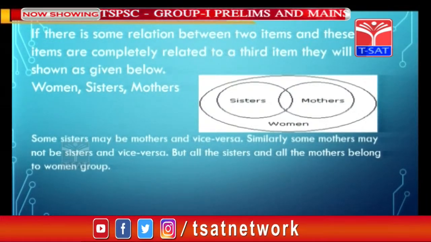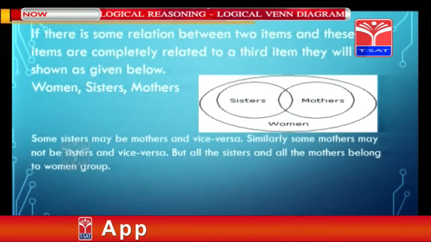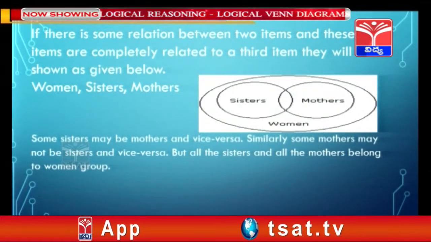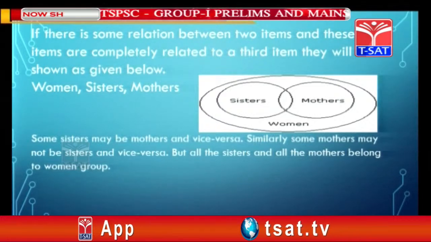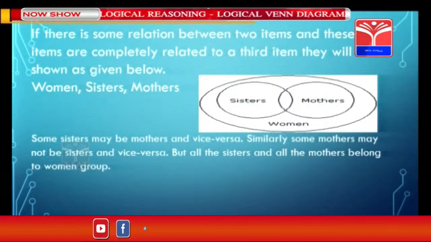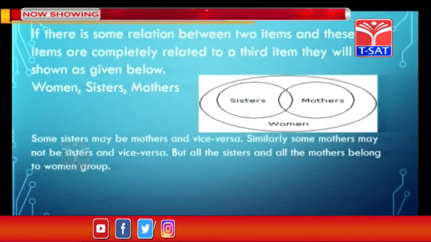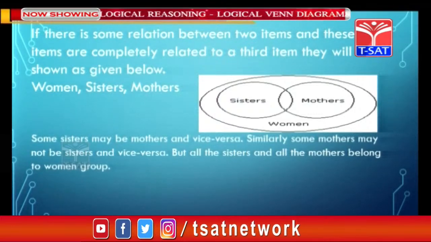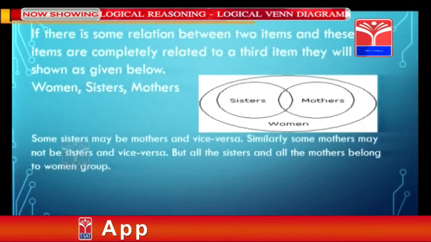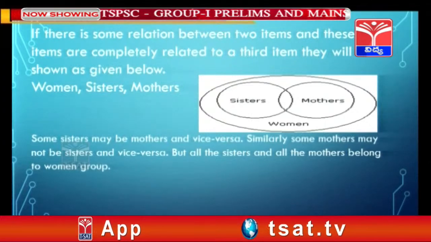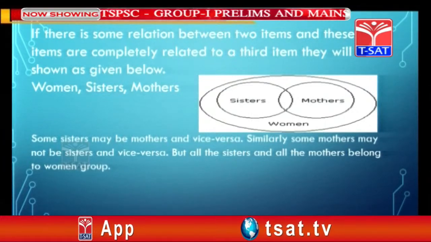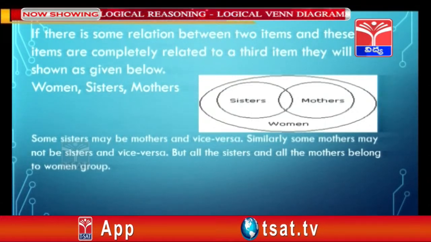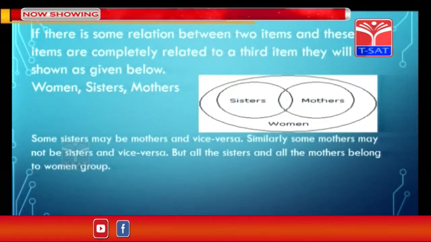So, sisters and mothers come in one circle, but the sister and mother circles intersect each other, a small part of it. Is it clear? Some sisters may be mothers and, of course, some mothers may be sisters, vice versa. Similarly, some mothers may not be sisters and some sisters may not be mothers. So, some part is common and some part is not.